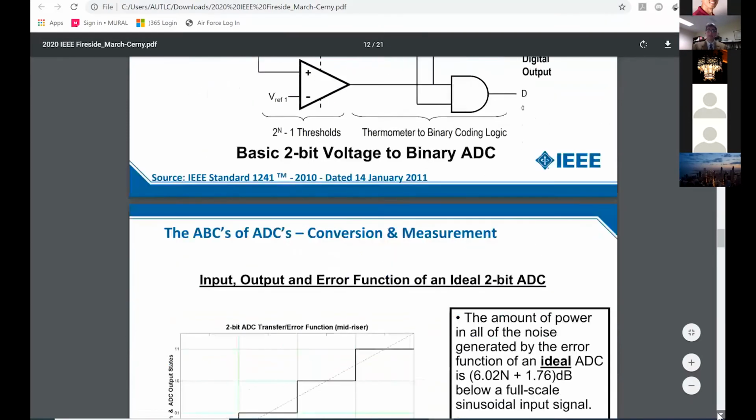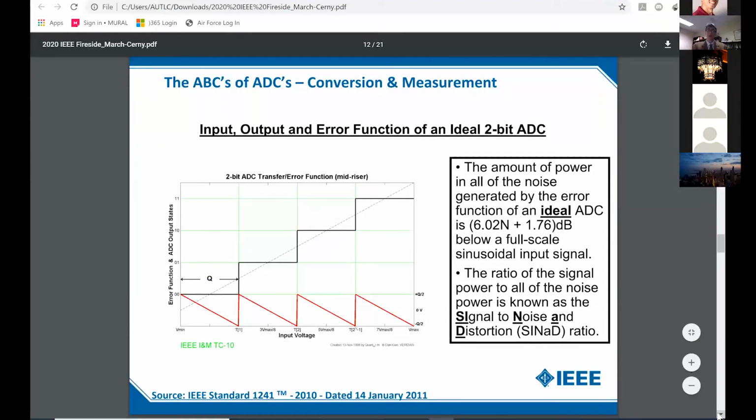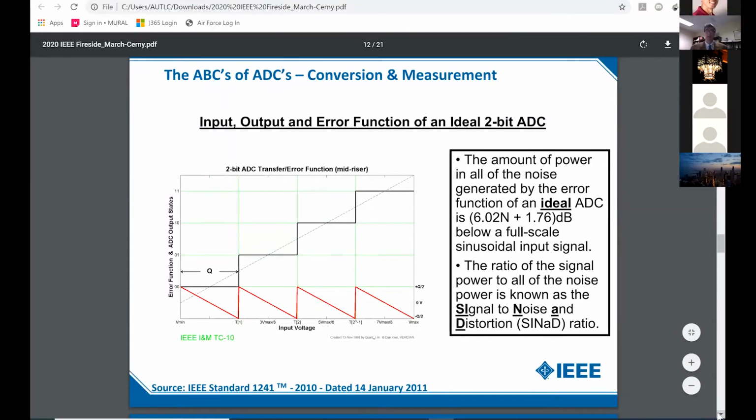All right, so you recall that I'm returning now to this idea of the ladder step and the quantized levels.